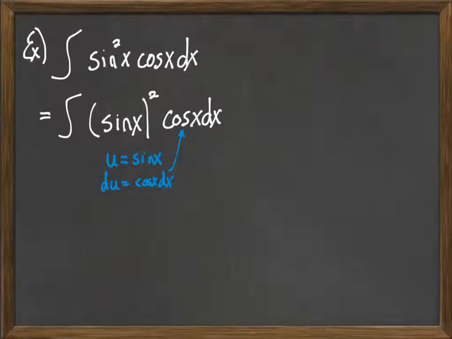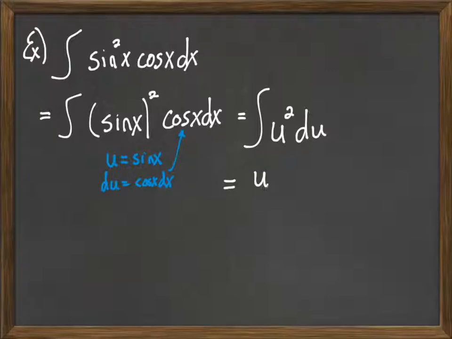So we can, at this point, carry the substitution through, replacing the sine with u. So we get u squared, and the cosine x dx gets replaced with du. Okay. And at this point we just have u squared du, so we can carry that through.